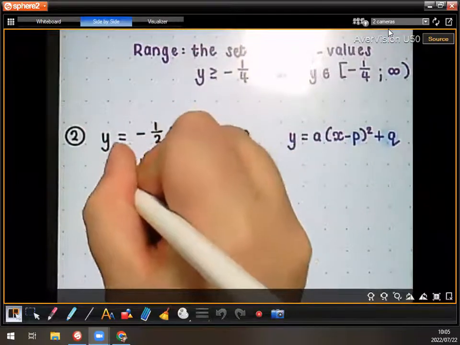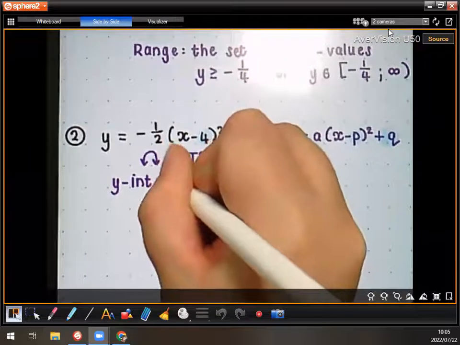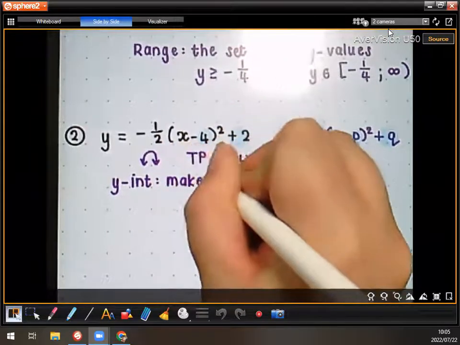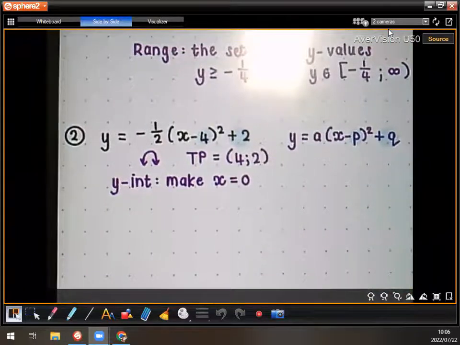So for the y-intercept, I don't know if you guys remember this, but to find the y-intercept, if you can't read it off from the equation, you have to make x equal to 0, and then work that out. Make sure that you're writing that out. Guys, you can only read off the y-intercept if it's standard form.